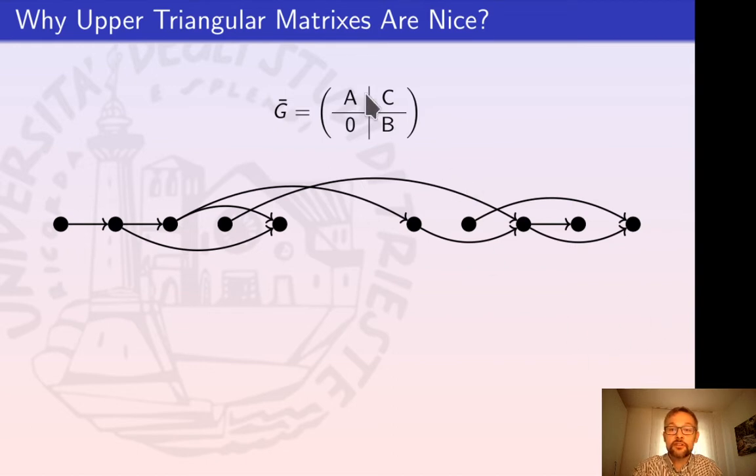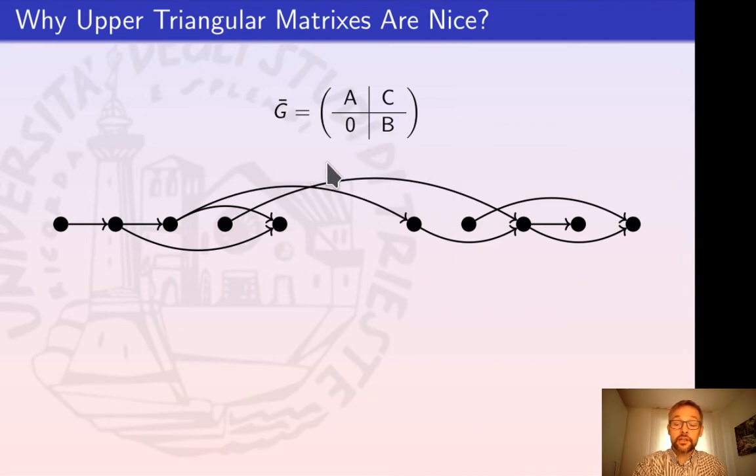The upper triangular matrix can be represented in this way. We have a matrix A, which is upper triangular. We have a matrix C, which is unknown. We have another matrix B, which is again upper triangular. And then, in the lower left quadrant, we have a matrix containing exclusively 0.